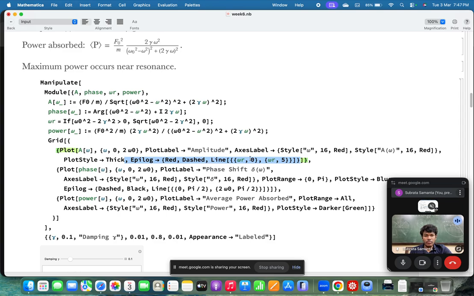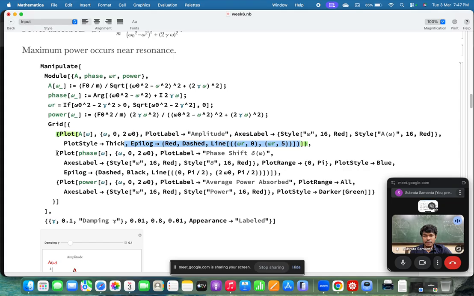I draw a line at omega r. The second plot in the grid is the phase, where I also draw an epilog at delta equals pi by 2: a line from 0 to 2 omega naught, parallel to the x axis.